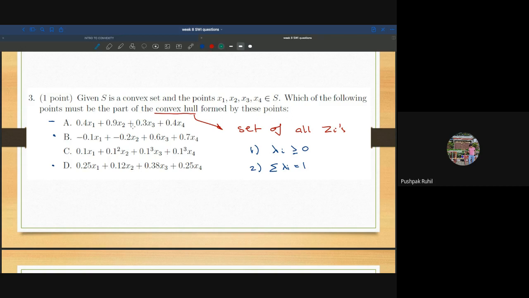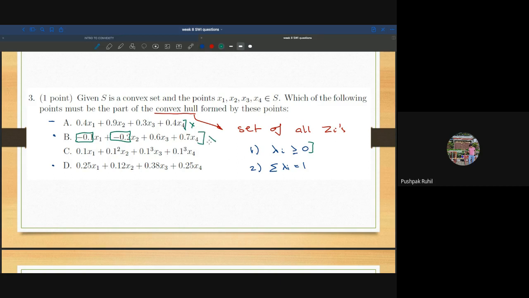So in the first option, if we see, the sum is not equal to 1, so this would not be true. In the second option, we have these negative lambda i's. These negative lambda i's cannot be a part because the condition says that each lambda i needs to be more than or equal to 0.